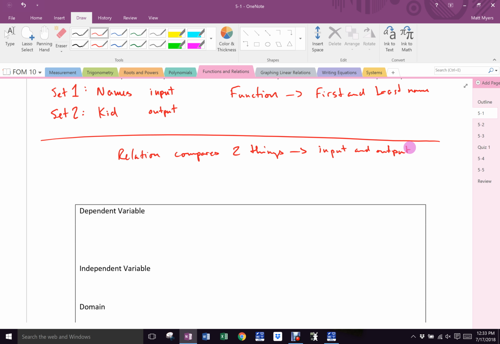Now, we have to make some more categorizing of those things. And they categorize into dependent and independent variable. Now, some of you should have heard this and know what this is. Some of you won't. What does the word dependent mean in English? You depend on something, right? Without that thing, you cannot be. All of you right now are dependent on your parents.